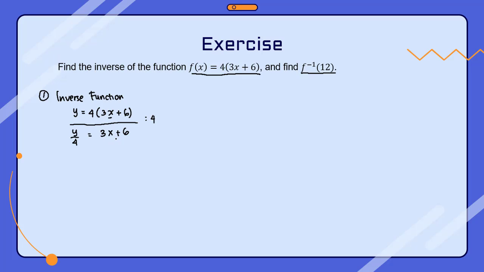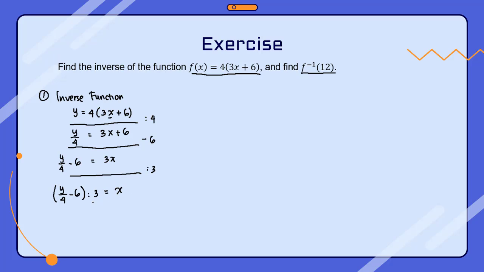Now we subtract 6 from all sides, because the inverse of addition is subtraction. So y out of 4 minus 6 is equal to 3x. Then we have to find the value of x, so we divide all sides by 3. We have y out of 4 minus 6, divided by 3, is equal to x.